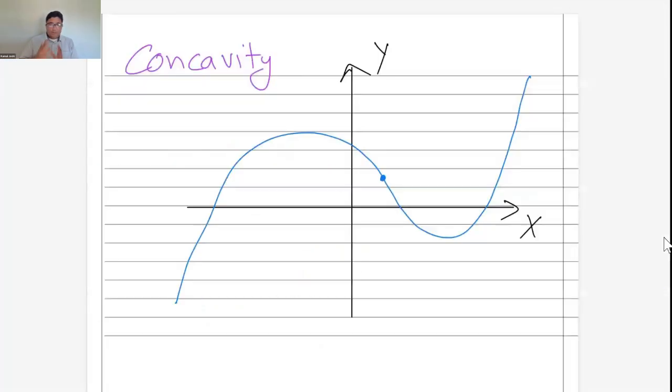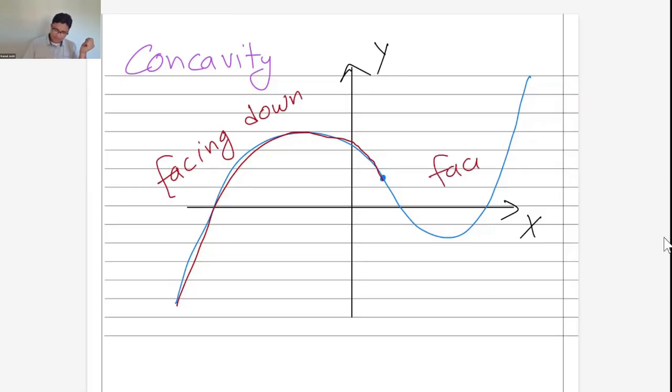Okay. One last idea which was not covered in these slides provided by Singh is concavity. Also an important idea about functions. Just like the increasing and decreasing behavior, you can look at the face of the function. Like we say that this is facing down. Okay.